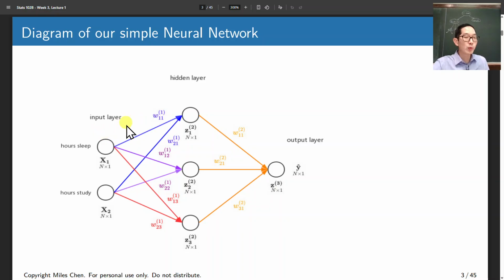We have a weight matrix that will contain all of the weights for the 6 connections between our input layer and the hidden layer. We have another weight matrix that has all of the weights for all the connections between our hidden layer and our output layer.